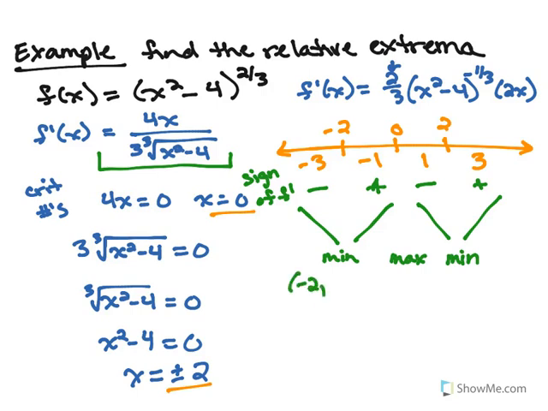So at negative 2, I'm evaluating the original function to get the y value that goes with it. When I plug in negative 2, I square it, I get 4. 4 minus 4 is 0. If I plug in 0, I get negative 4 squared and then cube root it.